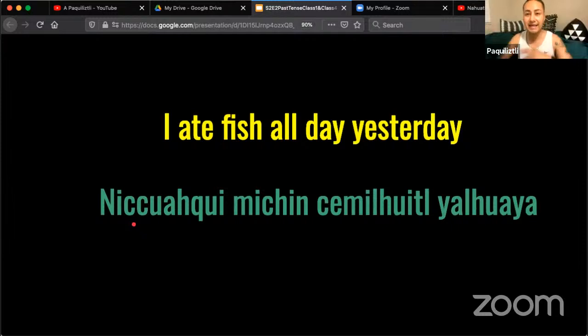I ate all the fishes or the entire fishes. Or if this was a gigantic fish, I ate the entire fish. You could probably say Nimichcuahqui sen michin. I ate the entire fish. So this sen, which means one, has multiple meanings, but the general meaning is total or complete or entire. So semilwit means the entire day, the all day.